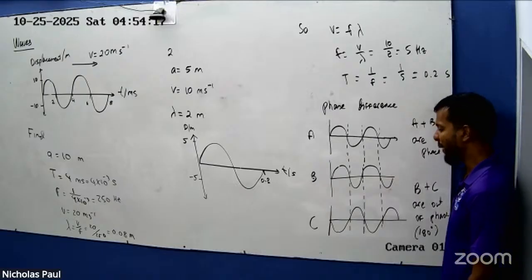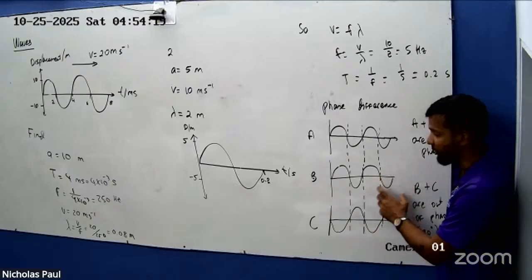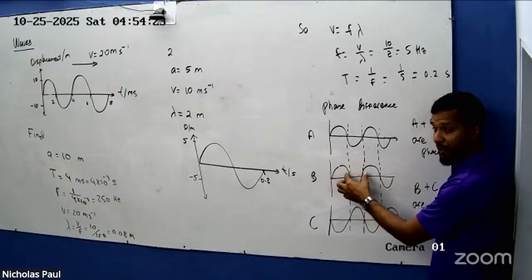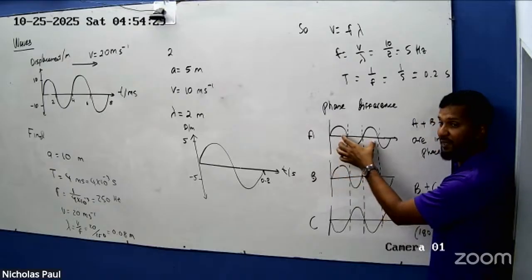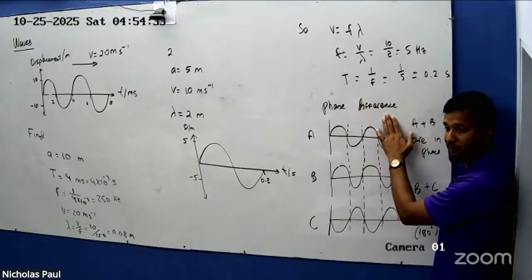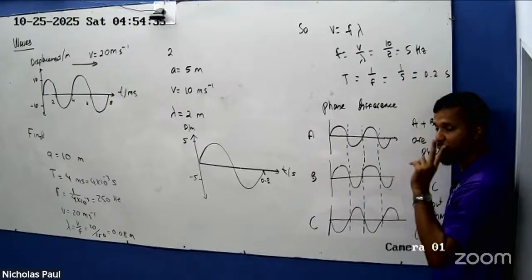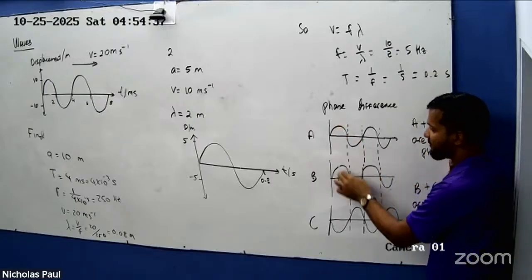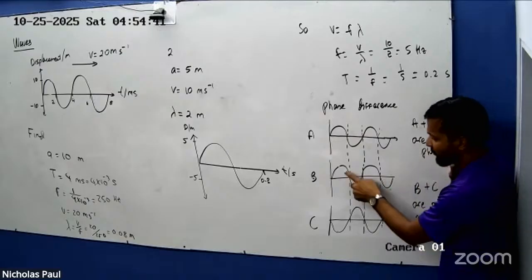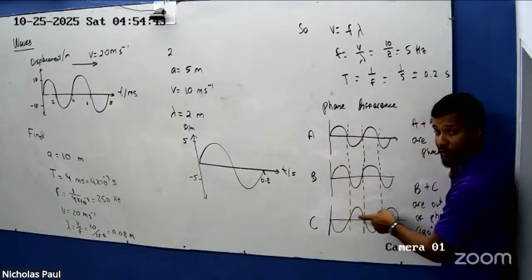And we have many different phase differences. Just imagine I shift this wave a little bit to the right, and more to the right and so on. If I keep shifting this wave as compared to this wave, you'll end up with different phase difference values. But at this level, you have to understand two: when the waves are identical, perfectly in phase, and when the waves are totally out of phase.